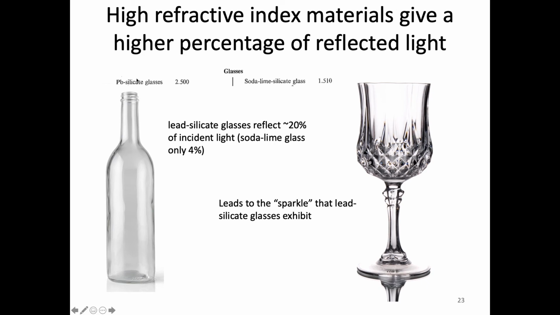But then if we look at a lead-based glass, then we see here the refractive index is higher, actually a whole number, right? 1.5 versus 2.5, so 1 higher. And so that means that the higher the refractive index, we have a higher percentage of reflected light. And so this is what gives us that sparkle in lead-based glasses.